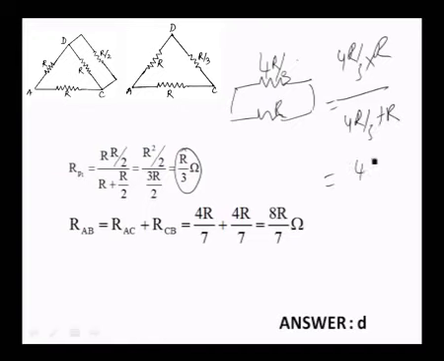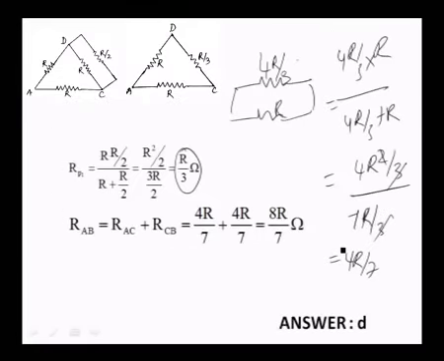This is equal to 4R square by 3 divided by 7R by 3, okay. This 3 cancels, this square, this one cancels. The effective resistance we are getting is equal to 4R divided by 7.